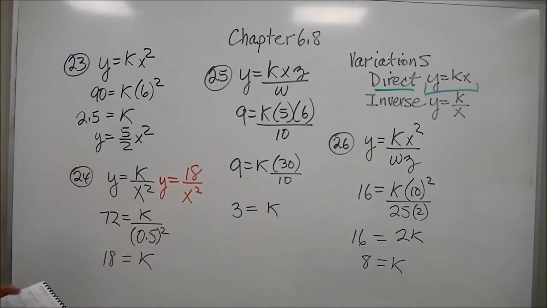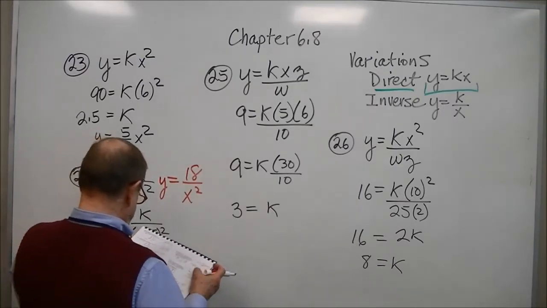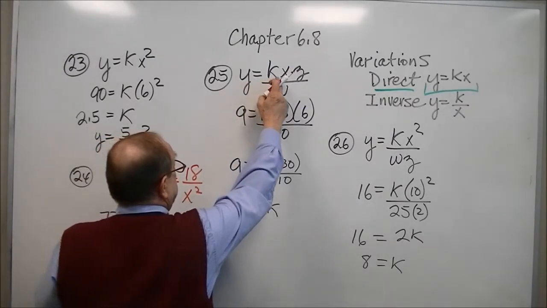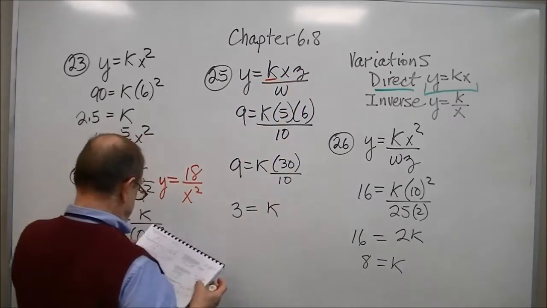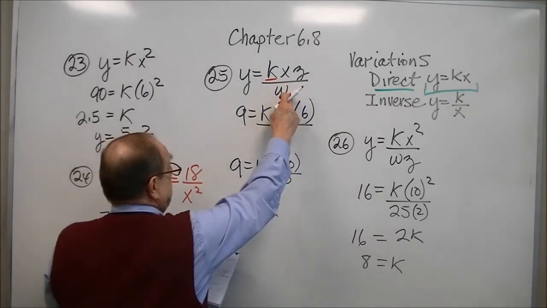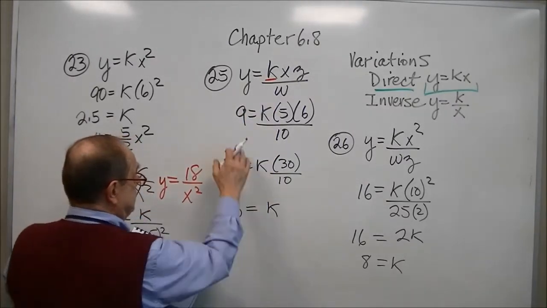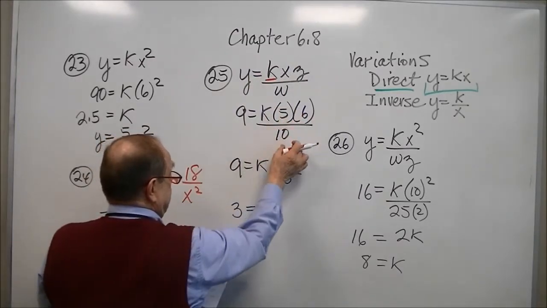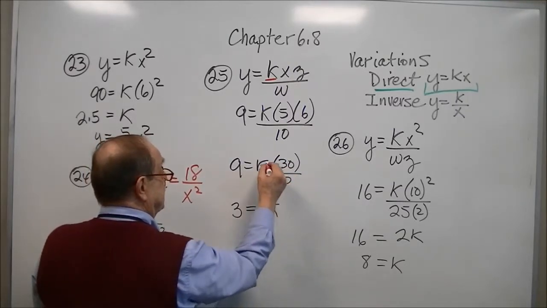For number 25, it says y varies jointly as x and z. So y varies jointly, x and z. And again, you need the k. And inversely as w. So anything inversely goes in the denominator. Then it's a matter of filling in. They're going to give you all these values. So this is 30, this is 10. 30 divided by 10 is 3.